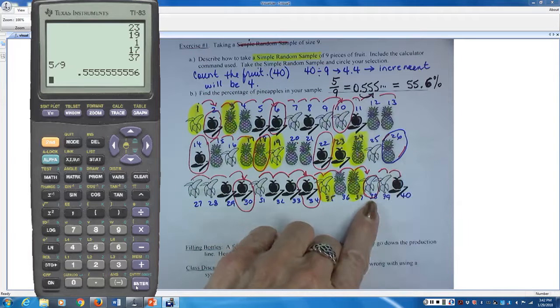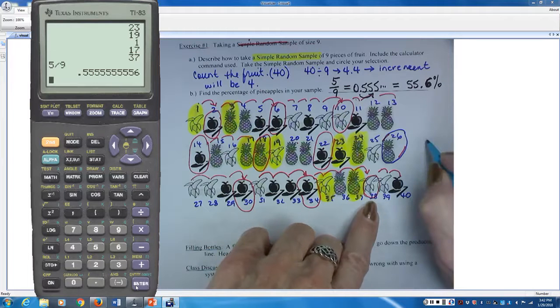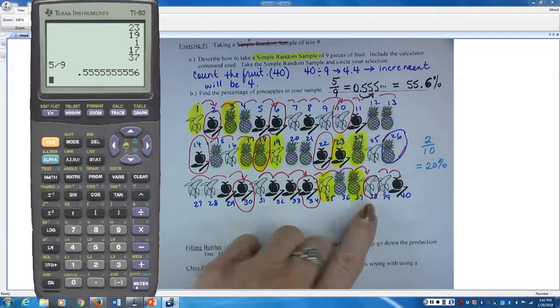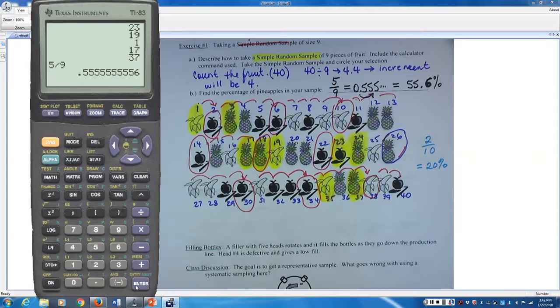We actually only got 2 out of 10, which would be 20% in our systematic sample. So you see that they're very different. Okay?